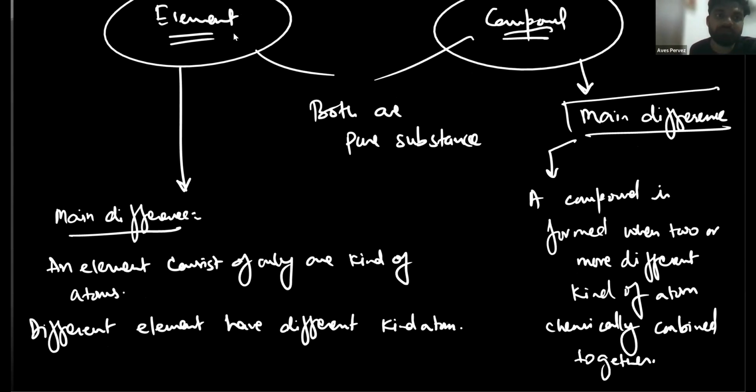Let me explain with examples. If I'm saying this is the atom of carbon, this is the nucleus, it has 2 electrons in the first shell and 4 electrons in the other shell. All carbon atoms have this type of structure.